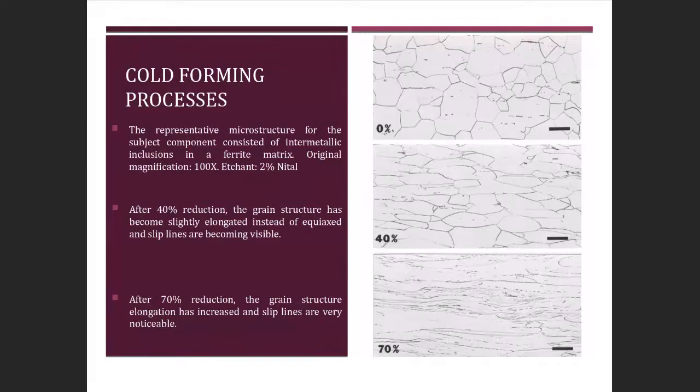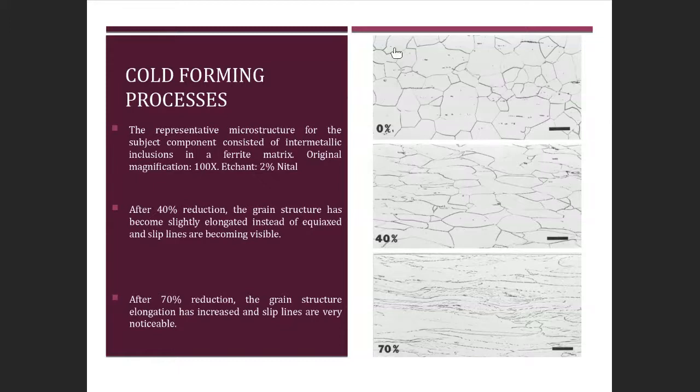So here are some examples of a cold form process. Once again, this is going to be the representative microstructure for a subject component consisting of intermetallic inclusions in a ferrite matrix.